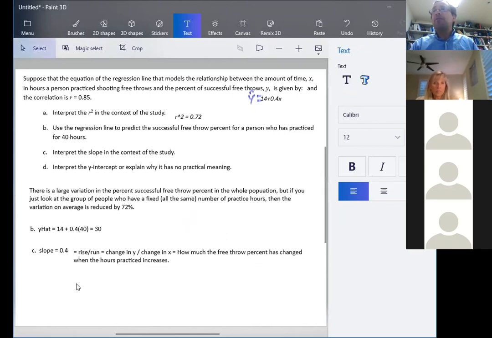Okay, so now there's a couple choices. One way of doing it, we have 0.4, and that's not a fraction. How do you make that a fraction? Write in the chat box what fraction that is. I'm waiting.